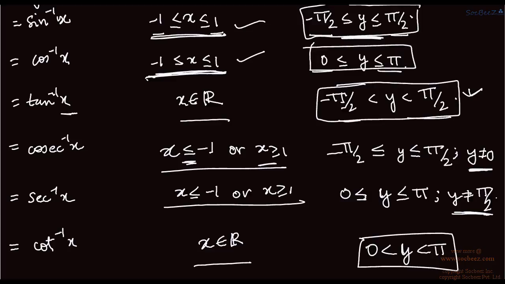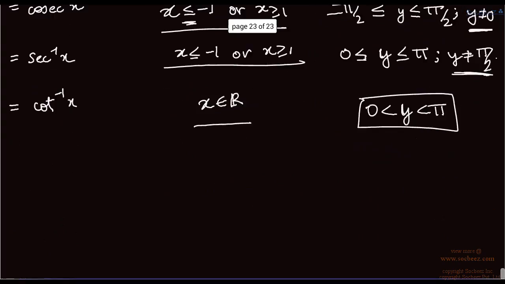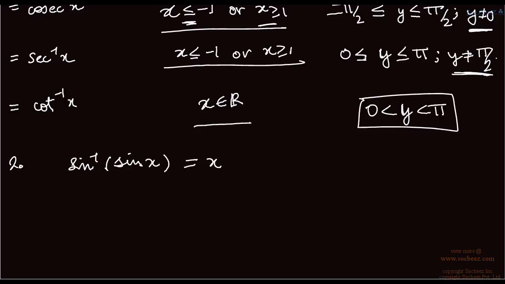Now we'll move on to some property. This was property 1. Now we'll move on to property 2. Let's say sine inverse sine x, to prove that y is equals to sine inverse sine x. This is equals to x, not everywhere, only in the domain.